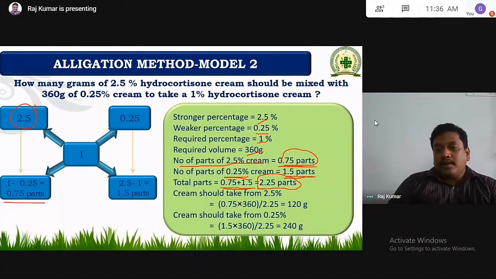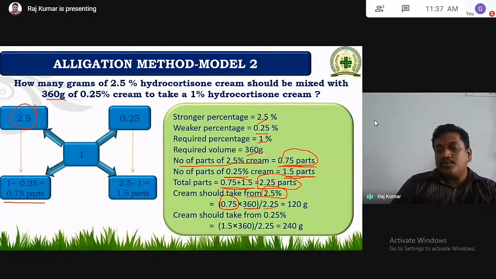So how much cream should be taken from 2.5%? From 2.5% you have to take 0.75 parts. And what is this 360? You have to prepare 360 grams, so consider 360 here.